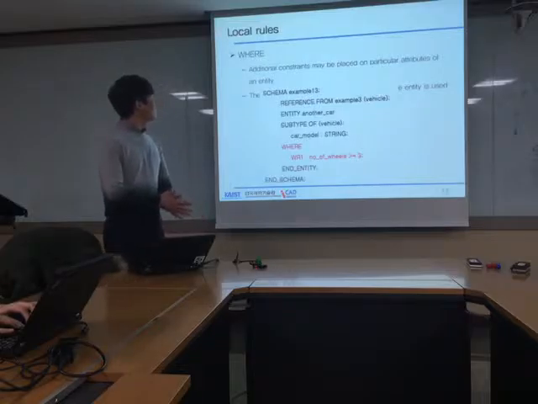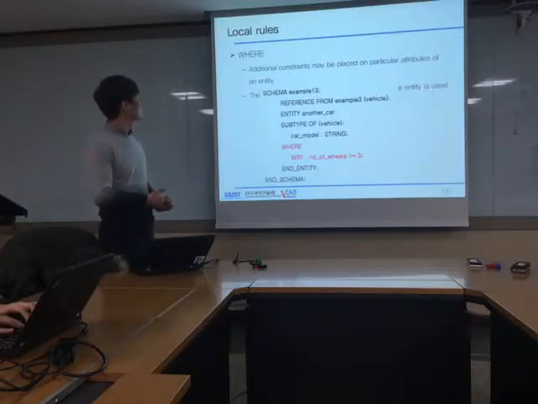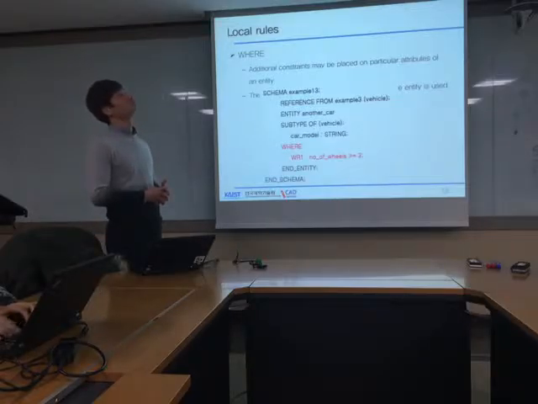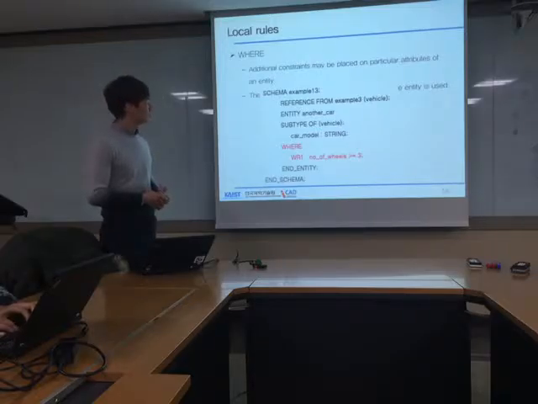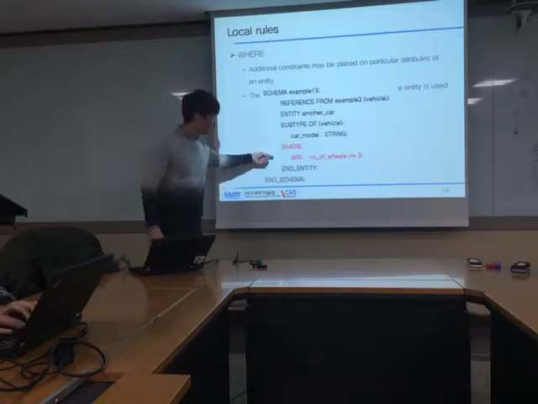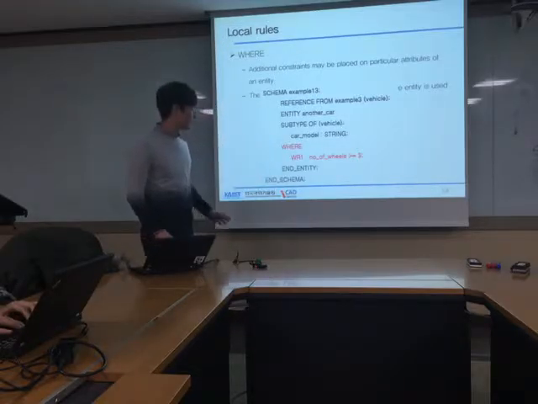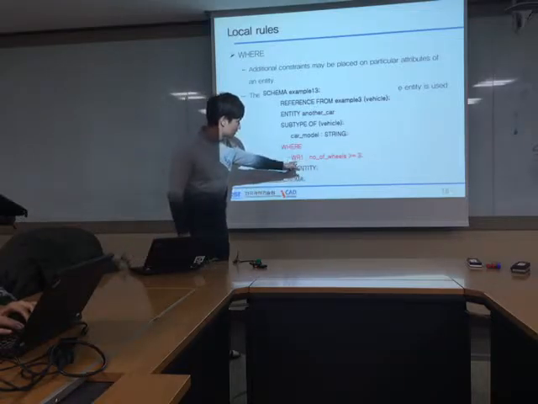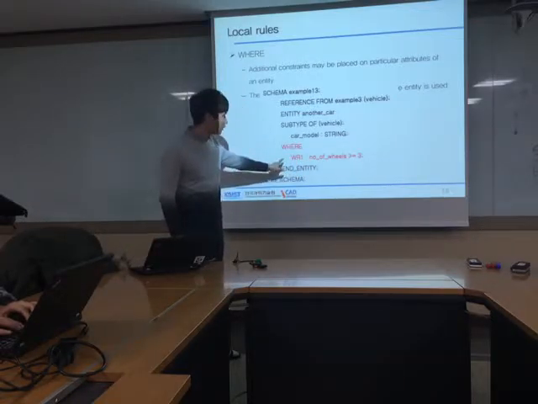And next, this is about local rule, which is an additional constraint, and it is like this red word. There is some constraint in the WR1.